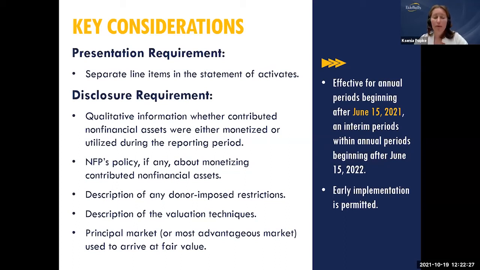So some of the new disclosure requirements: you're now required to present information about non-financial assets and whether they were monetized or used during the reporting period, and I'll have some examples of how that will look. You will have to disclose a policy about monetizing contributed non-financial assets.